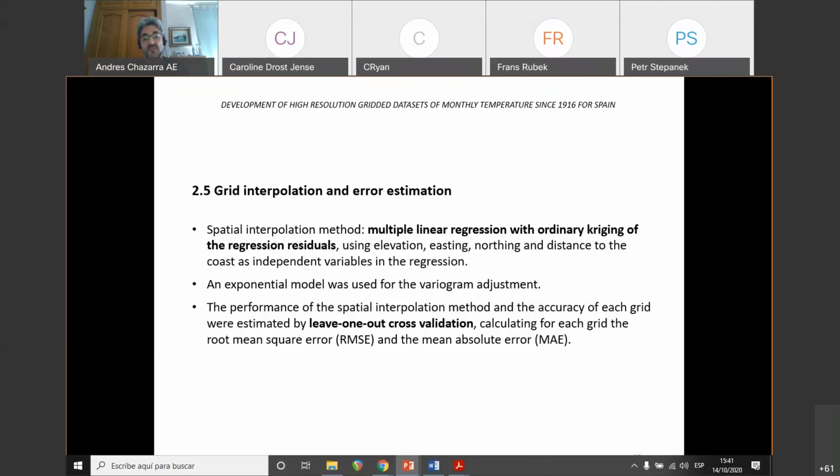And an exponential model was used for the variogram. And we also carried out leave-one-out cross-validation to evaluate the performance of the spatial interpolation and the accuracy of each grid.